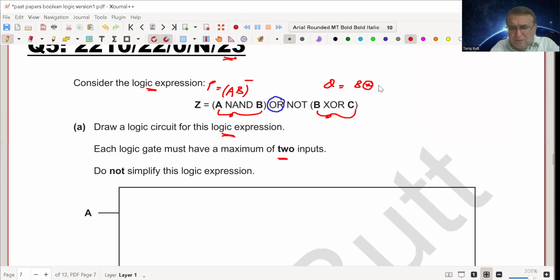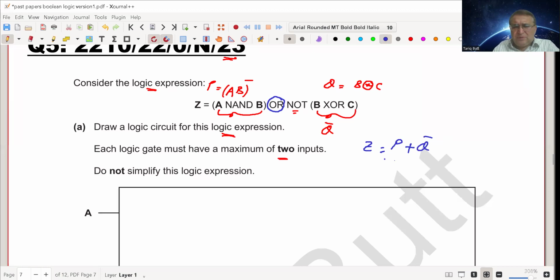XOR symbol is this, B XOR C. This is Q. The not of Q, Q bar, which is not of Q. And then you have to OR P. So Z will be P OR Q bar.